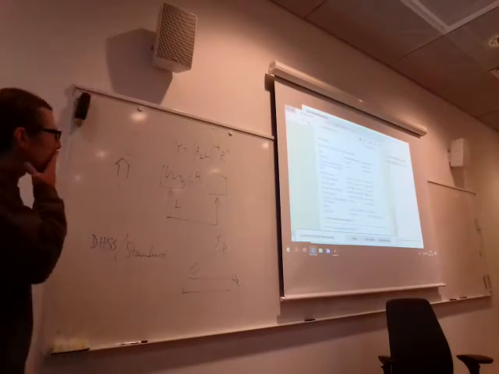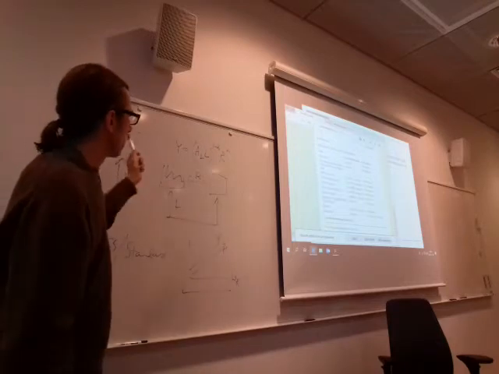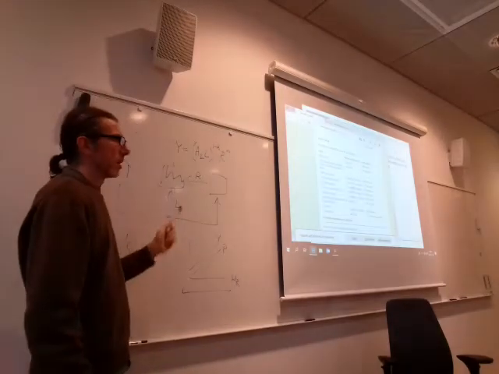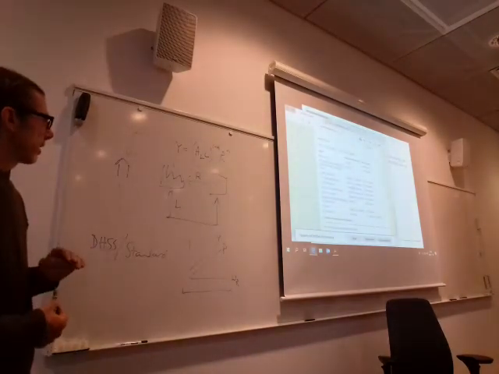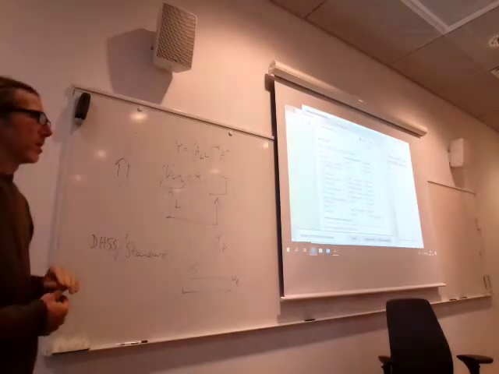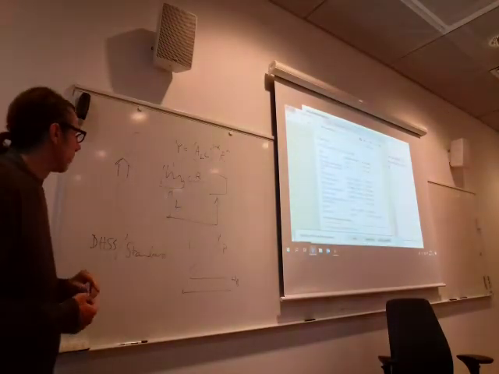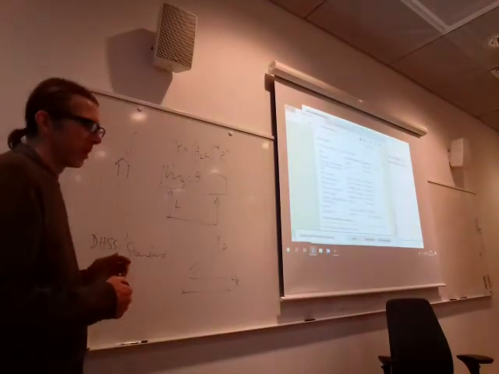Then, if we're taking this basic model and we've dropped capital, and then we're thinking about Solow's mechanisms. So, what were Solow's mechanisms?